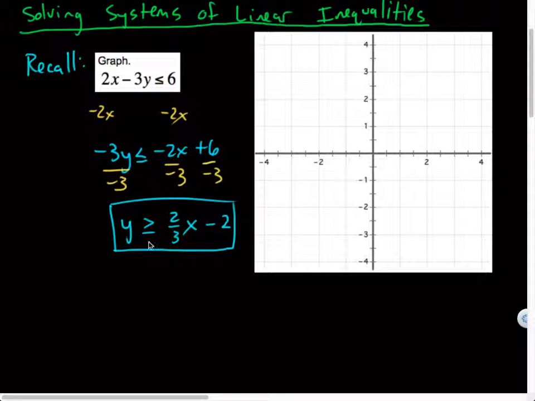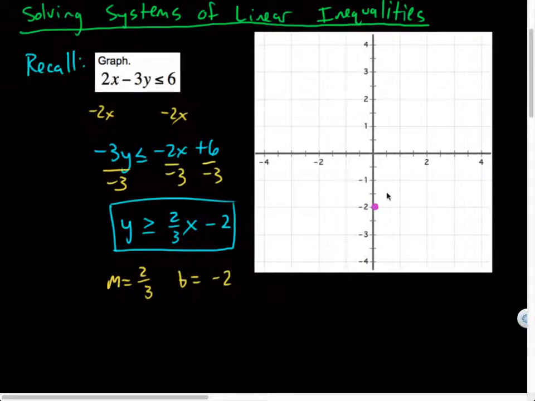So looking at this, what is my slope and my y-intercept? Okay, so let's graph this. The y-intercept of negative 2 would be somewhere like here.